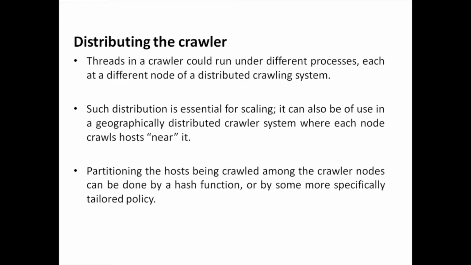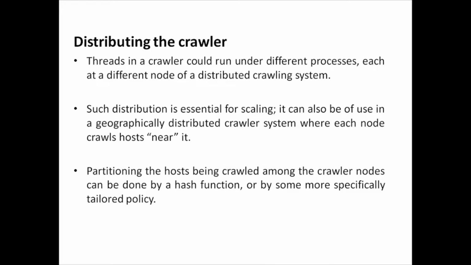So threads in a crawler could run under different processes, each at a different node of a distributed crawling system. This distribution is essential for scaling. It can also be of use in a geographically distributed crawler system, where each node crawls hosts near it.